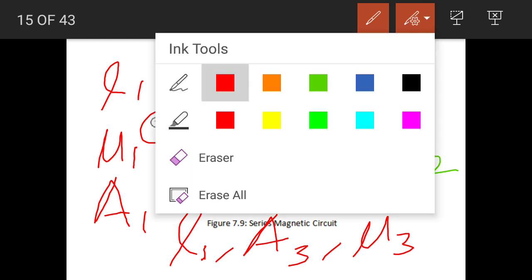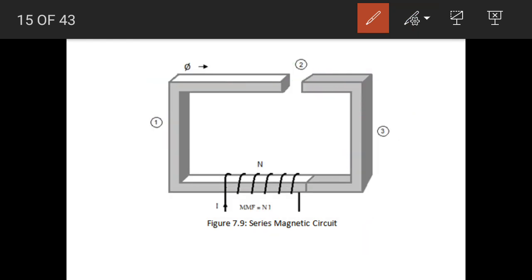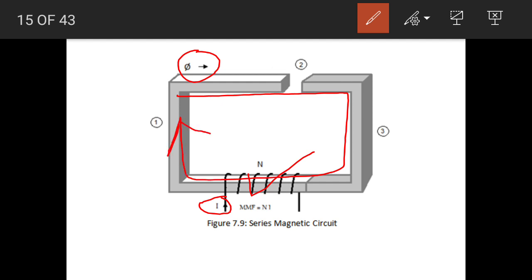We place a winding of N turns on the first material of this series magnetic circuit. There is a current of I amperes in this coil. The current in this coil will generate the magnetic flux, and this magnetic flux will flow in this direction in the given series circuit.